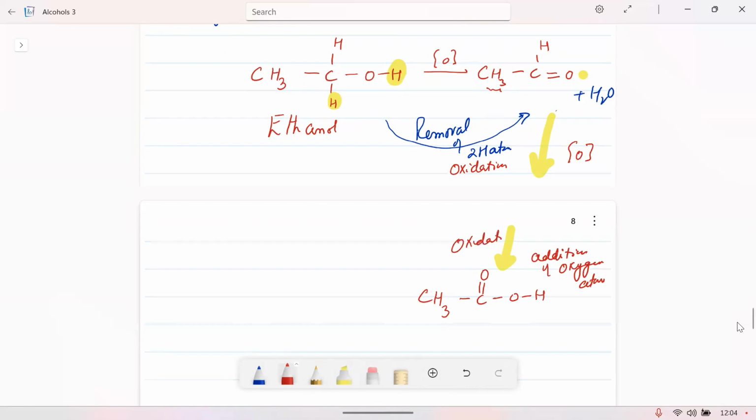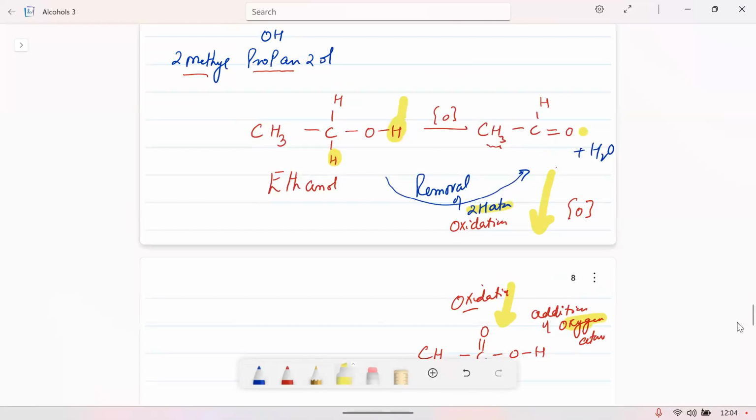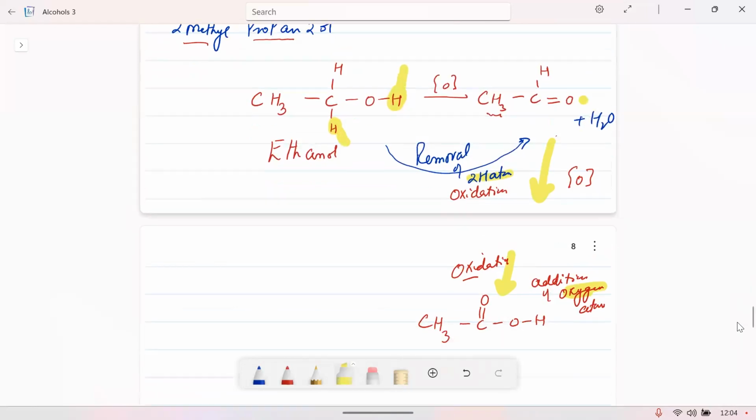So the alcohol converting into an aldehyde is oxidation because of the removal of H atoms, and the aldehyde oxidizing into carboxylic acid is also oxidation because of the addition of an oxygen atom. Again, focus on which hydrogen atoms have been removed.